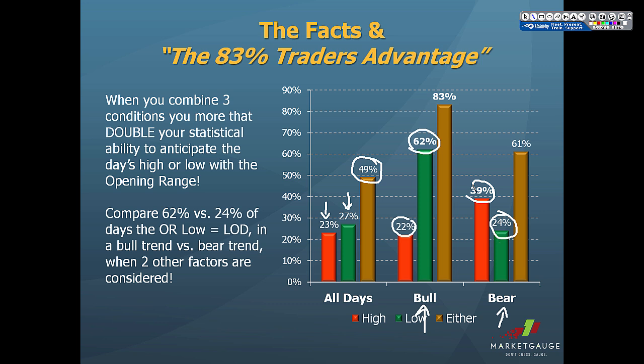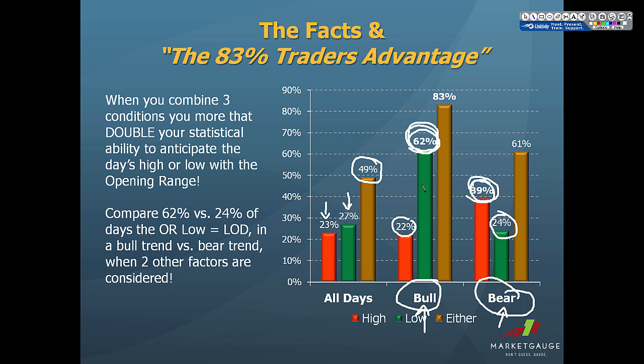It means that if you're in a bullish trend, you want to trade off of that opening range low. If you're in a bearish trend, you want to expect the high to be set in the first 30 minutes. Now, this is just one trick, one application of knowing how to use the opening range properly, having this indicator that determines whether you're in a bullish or bearish trend.